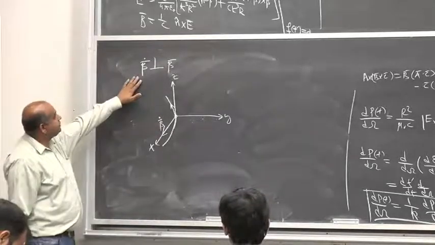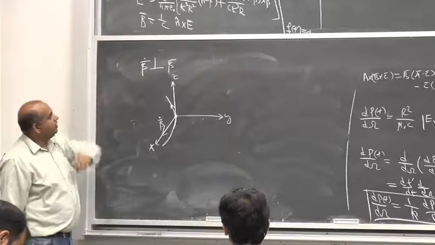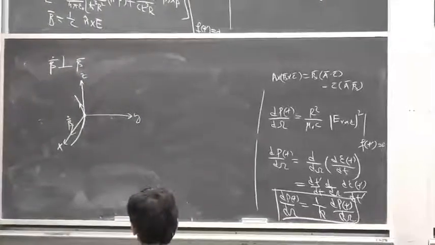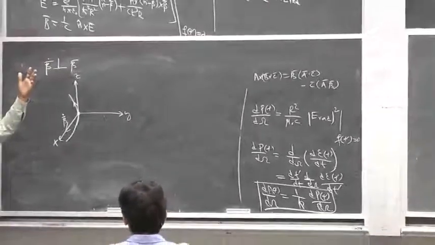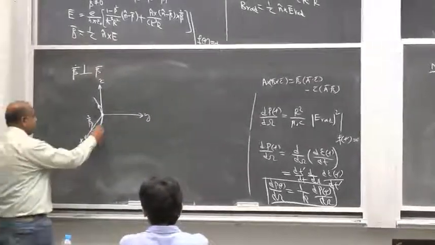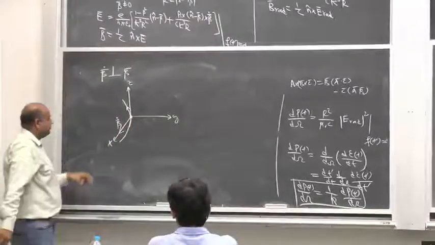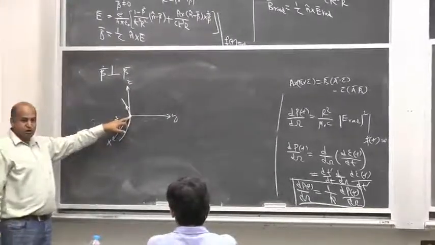So we have this situation, which means that our radiation field will be as it is. So we are taking an instant when the particle is just at the origin.